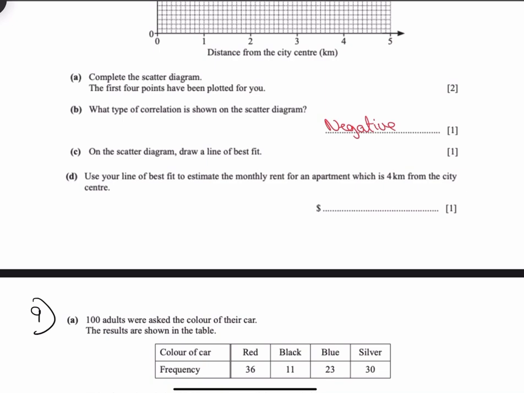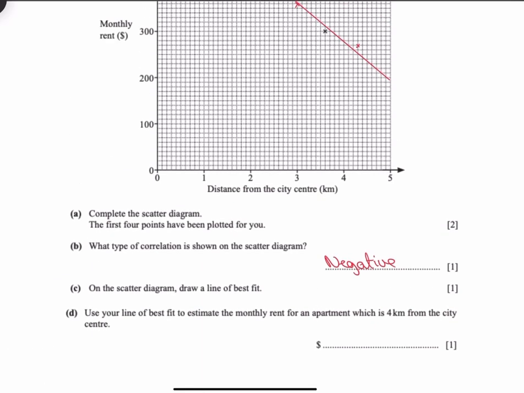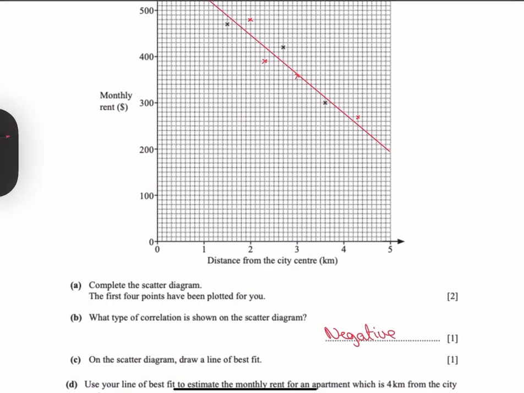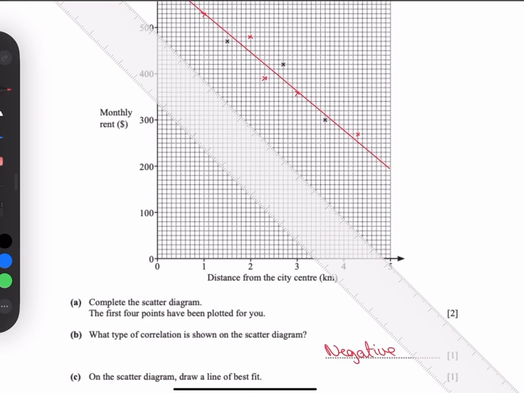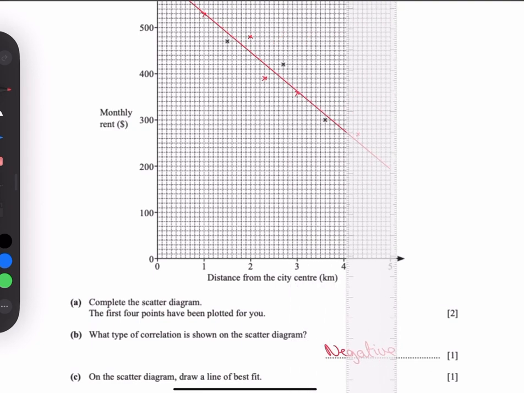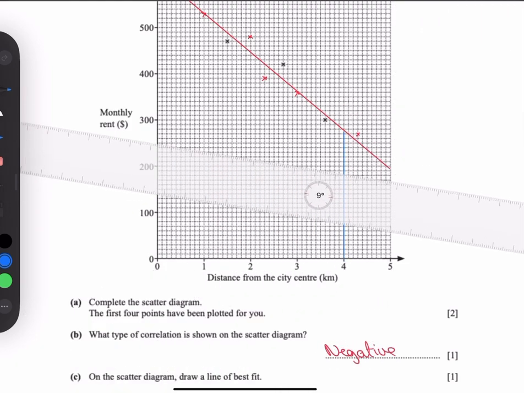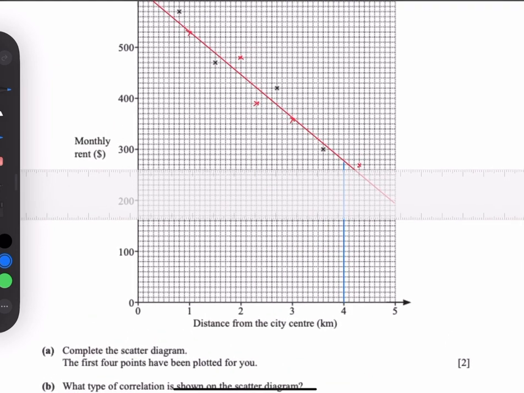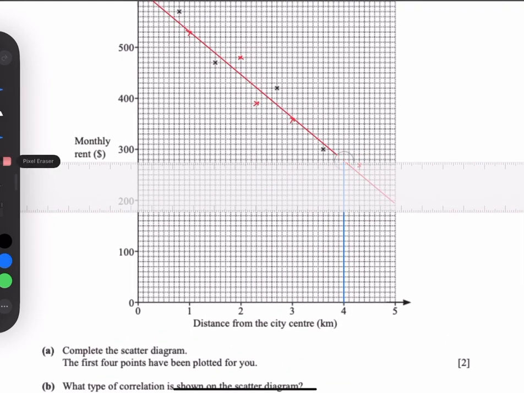Then use your line of best fit to estimate the monthly rent for an apartment which is 4 kilometers from the city center. So I would have to take my ruler, and from here I would draw a line that goes with the line of best fit, and after that, from here I would have to draw another line that goes here.